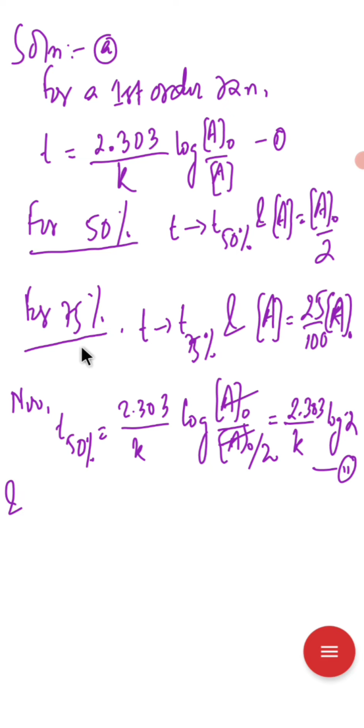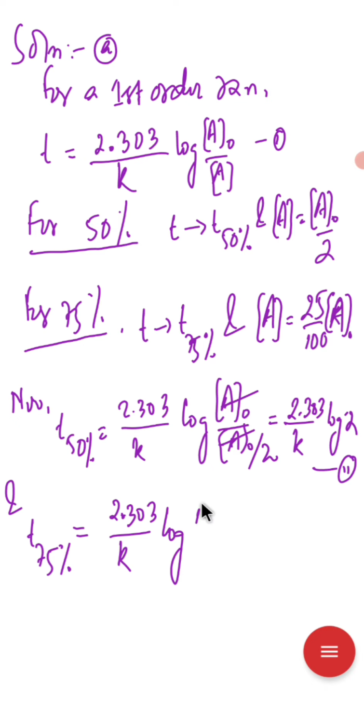And for 75% we need to substitute t by T75%. T75% is equal to, in this equation, 2.303 divided by k. k is the rate constant of the reaction. This will be constant unless the temperature is changed, right?